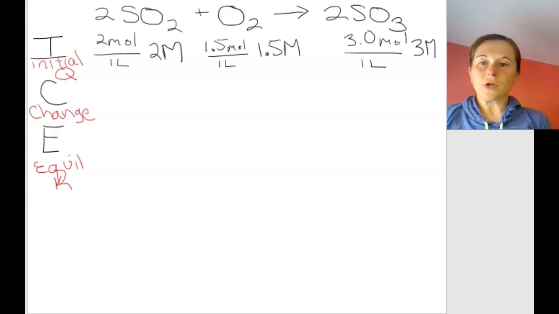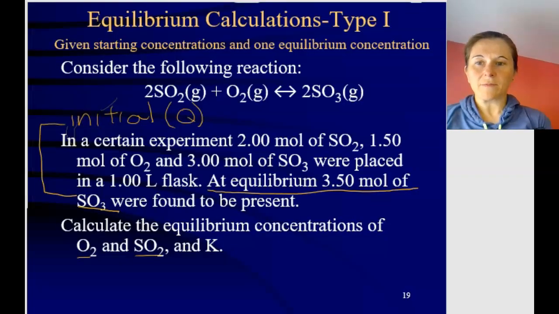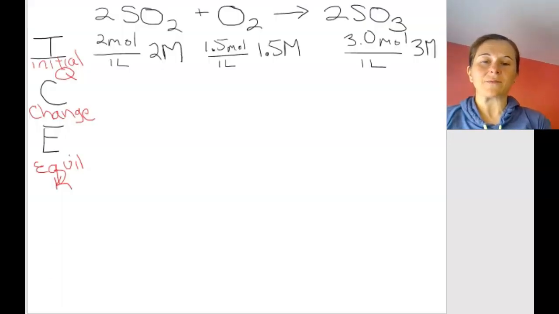So let's go back to that prior slide. They tell us at equilibrium we have 3.5 moles of SO3. I told you, you've got to be really good at reading these problems. It's not just about the numbers, it's about actually reading.